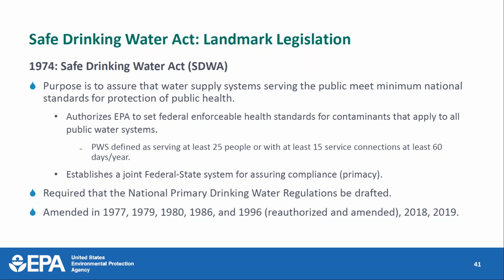What's important is that EPA only has the authority to regulate public water systems, and SDWA gives a very specific definition of what a public water system is. It's defined as serving at least 25 people or having 15 service connections.